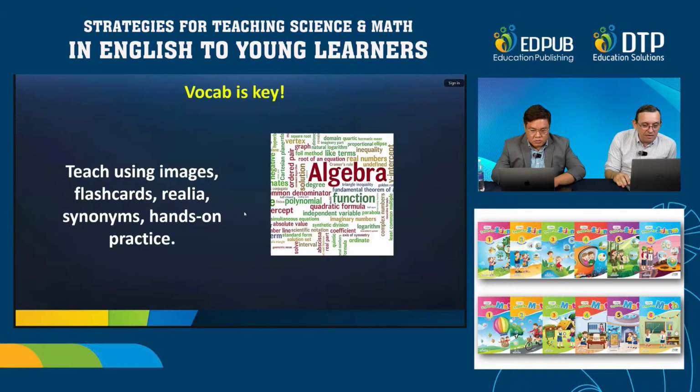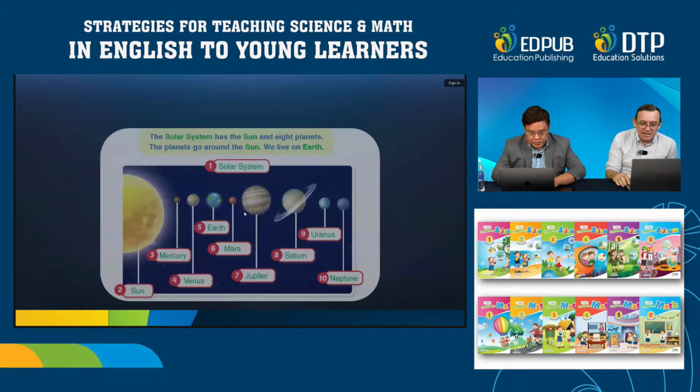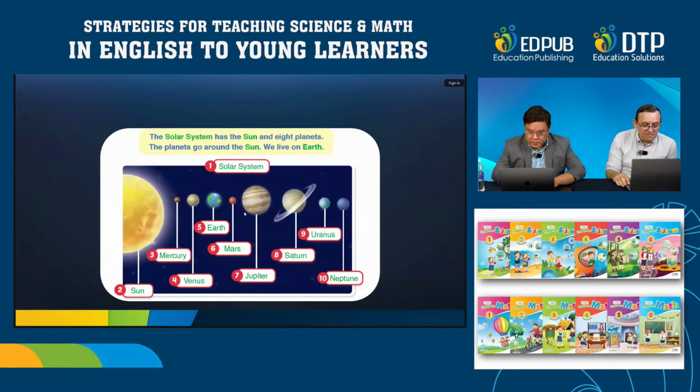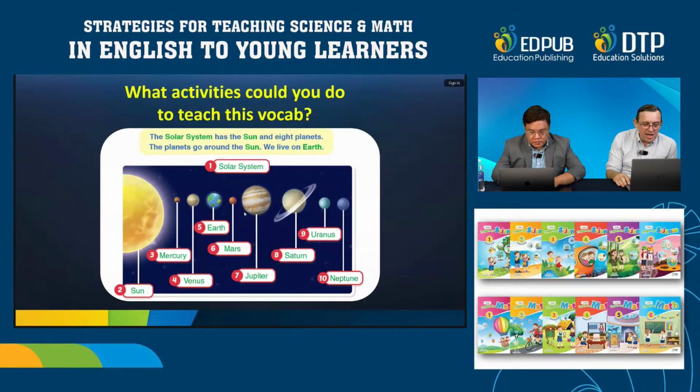So we want to teach using images, flashcards, realia, synonyms, and hands-on practice. So I'm going to have a look at a science lesson. And we have basically the solar system.